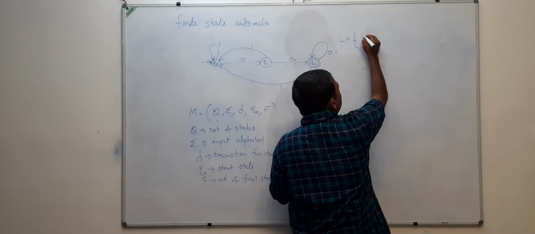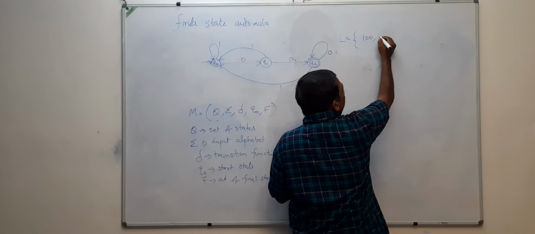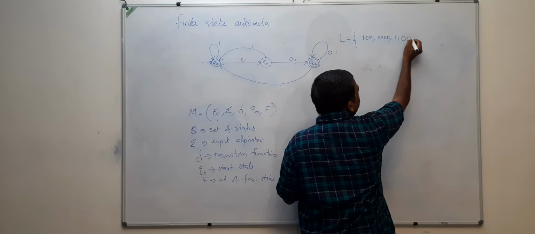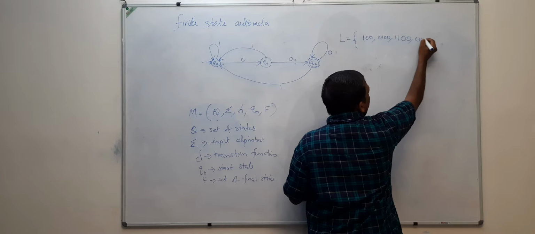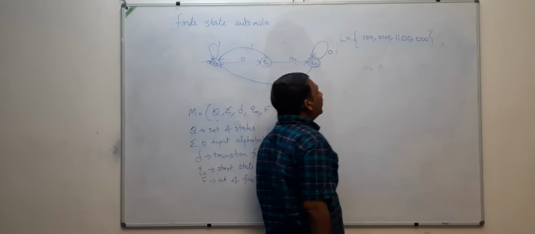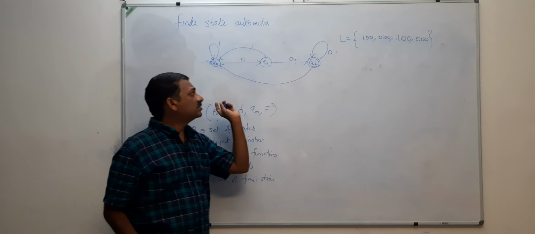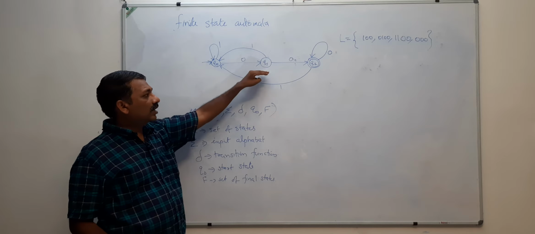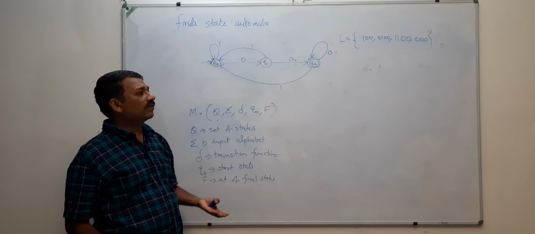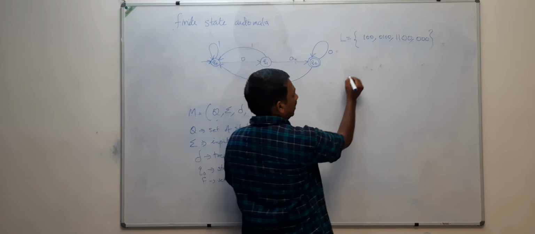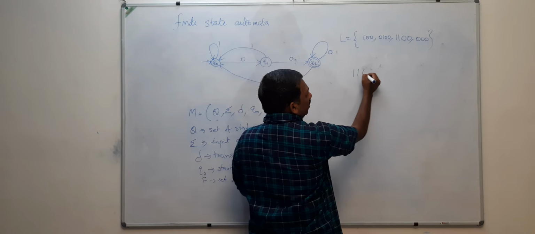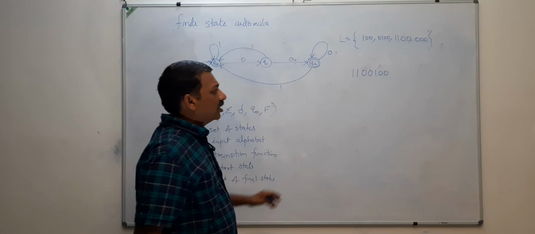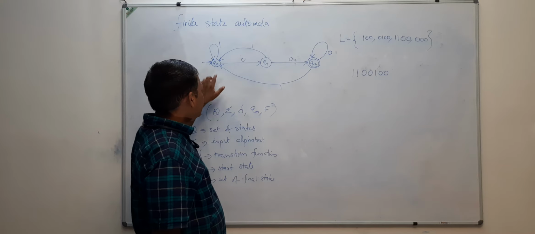For example, 100, 0100, 1100, 000, etc. These all come under this language. You can test this with any string, for example, 1100 100.